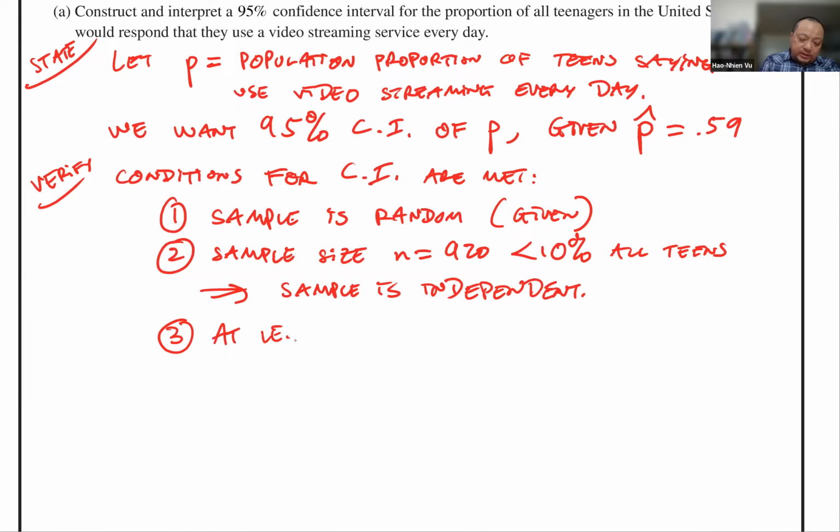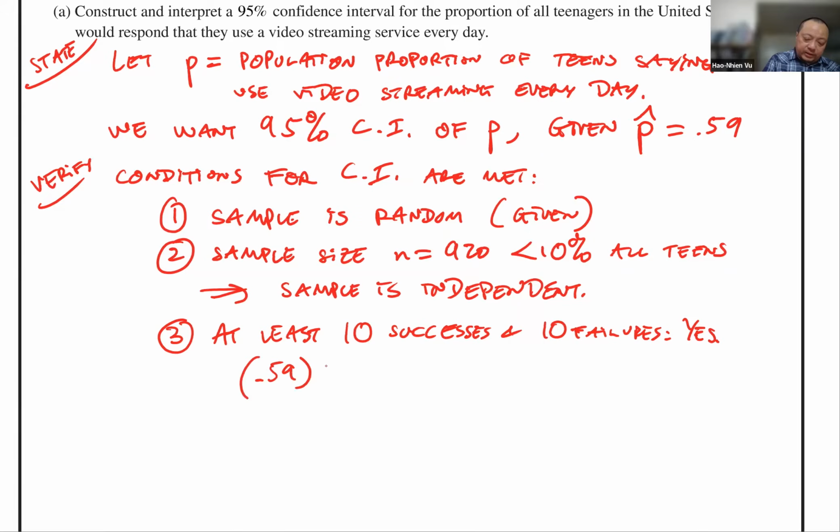And we want at least 10 successes and 10 failures. Yes, because 0.59 times 920 is 543, and that's greater than 10 successes.